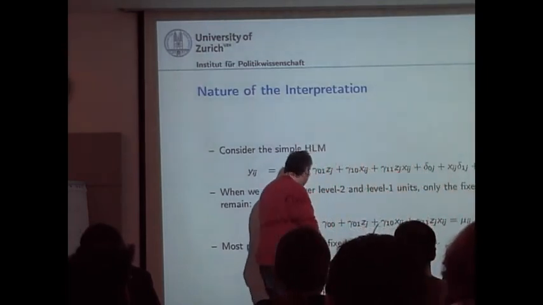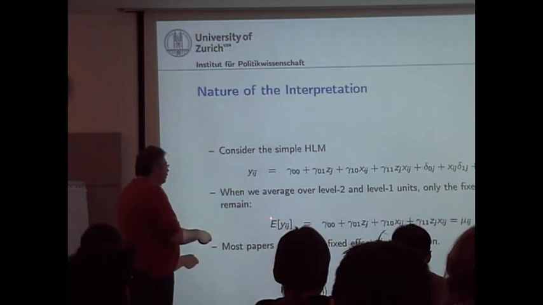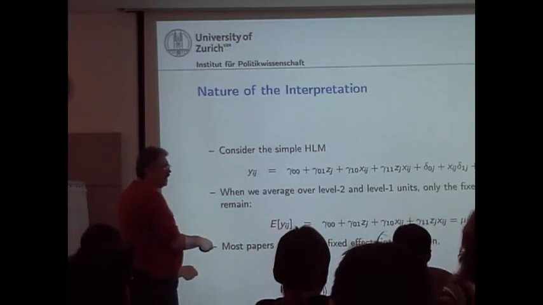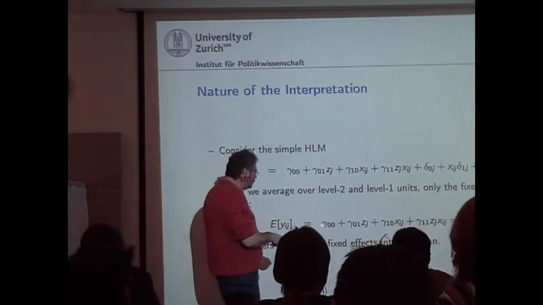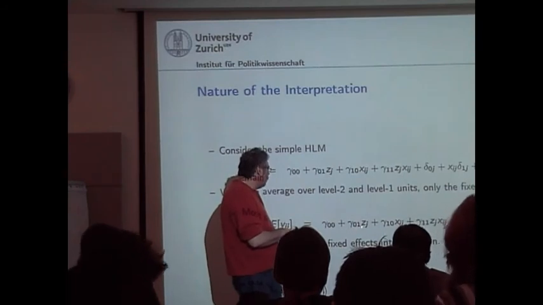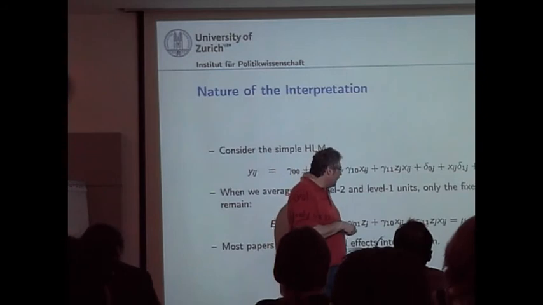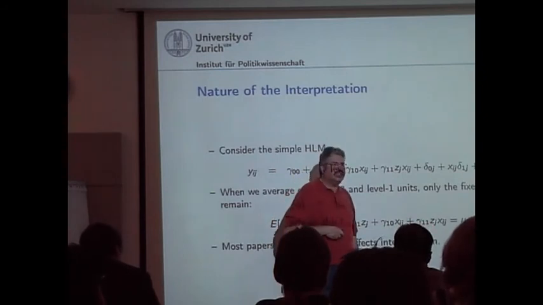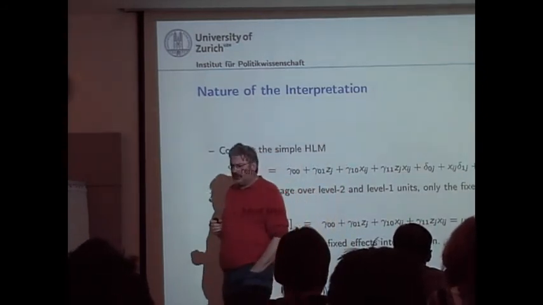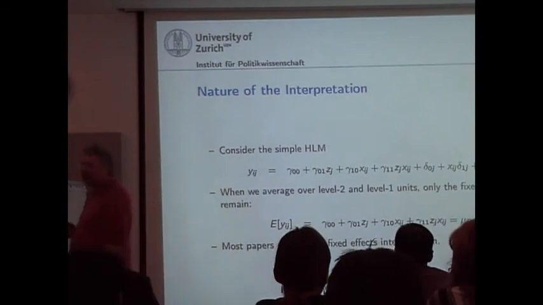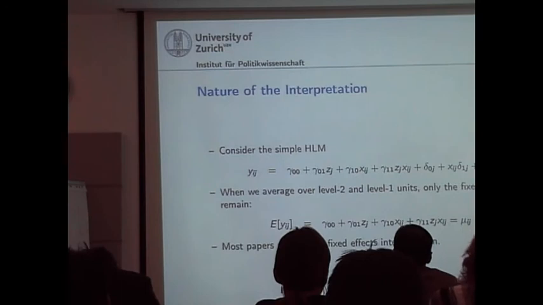And what we're left with is a prediction of the mean of y that is equal to gamma 0,0 plus gamma 0,1 zj plus gamma 1,0 xij plus gamma 1,1 zj times xij. This is by far the most common mode of interpretation that I see.